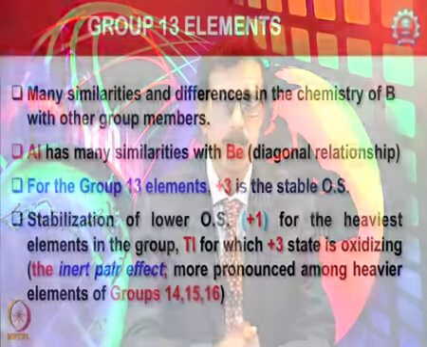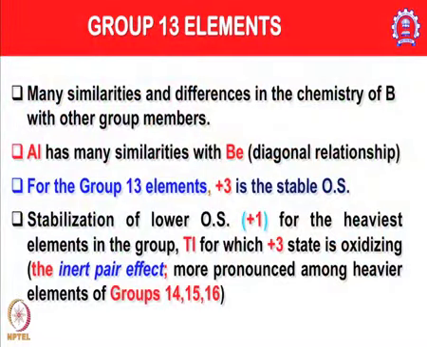However, higher ionization energy for removal of 3 electrons is anticipated in boron compared to the rest of the elements because of its smaller size. Similarly, one can see some difference in chemical properties between boron and the rest of the elements, and aluminum has many similarities with beryllium, which I discussed while discussing the chemistry of alkaline earth metal elements.